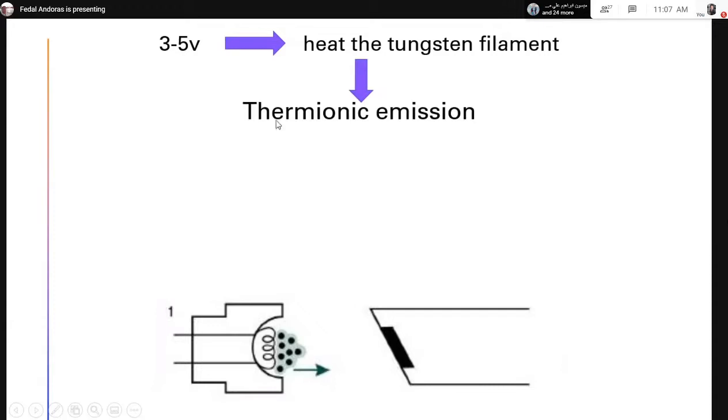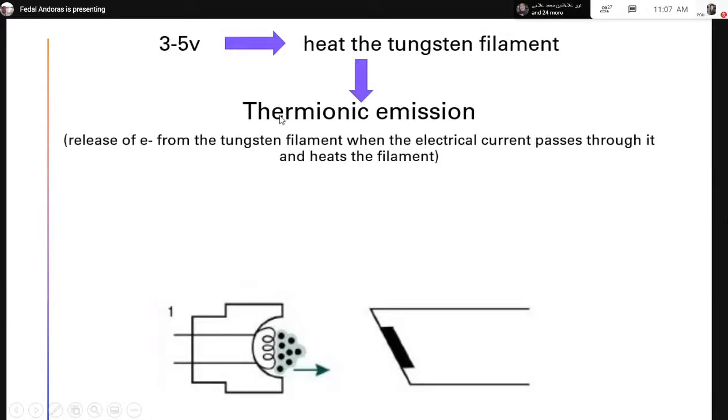It's called thermionic emission. So it will release electrons when we apply 3 to 5 volts. So thermionic emission will happen. What do we mean by thermionic emission? Release of electrons from the tungsten filament when the electrical current passes through it and heats the filament.